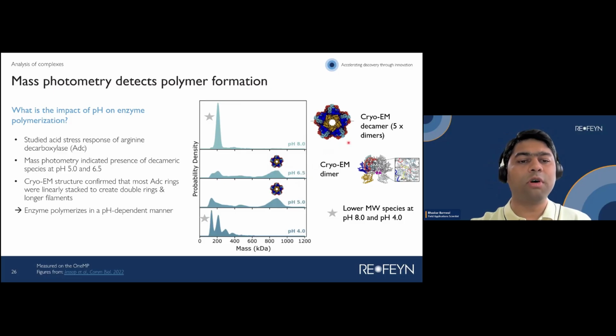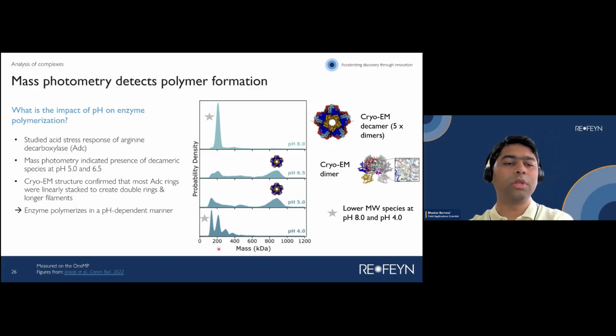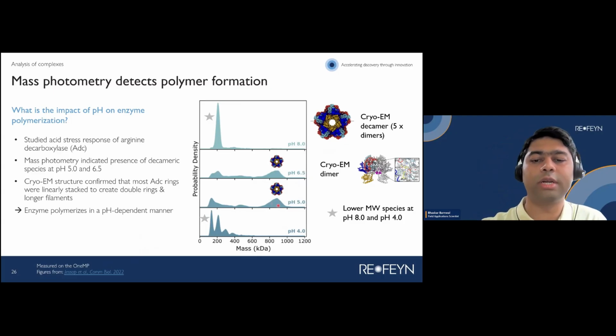This was also confirmed by cryo-EM. As you can see, the decamer from the cryo-EM. So the authors of this paper concluded that the enzyme polymerizes in a pH-dependent manner, and that's what we are seeing here, that at pH 6.5 and pH 5, it forms a complex. However, at a lower or higher pH, it does not.